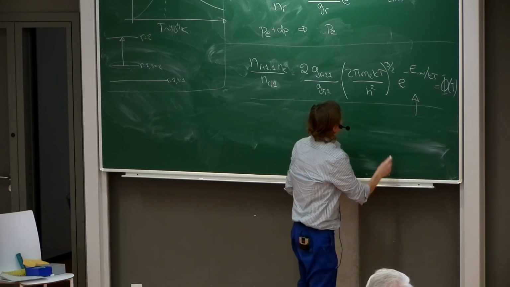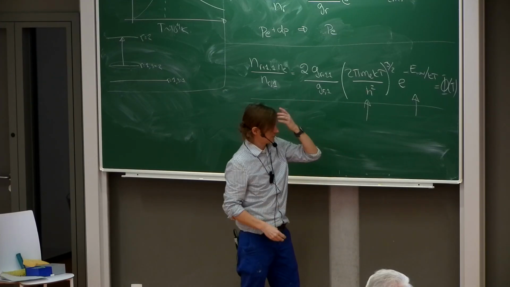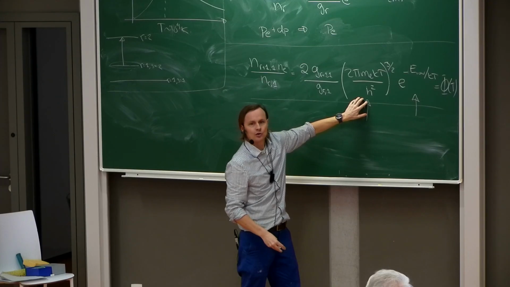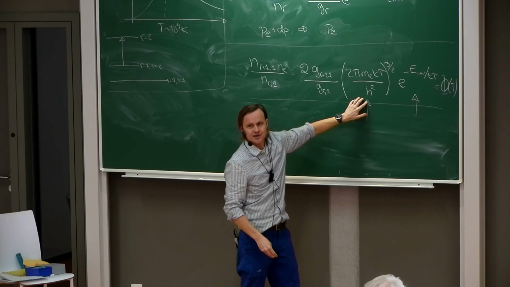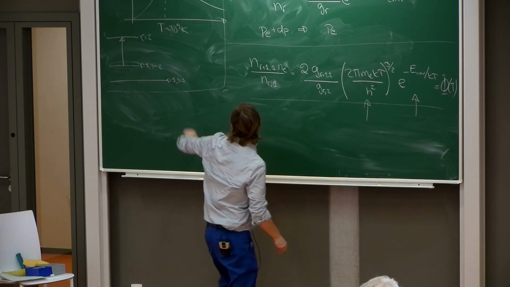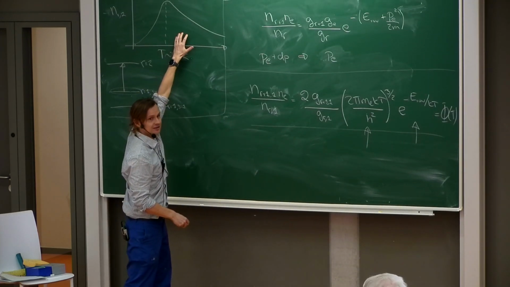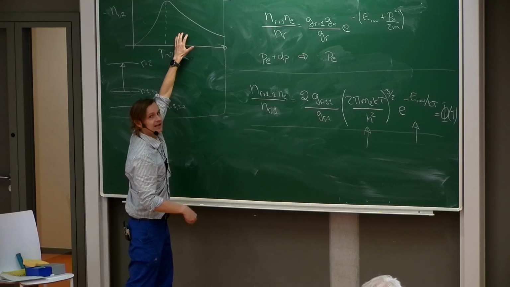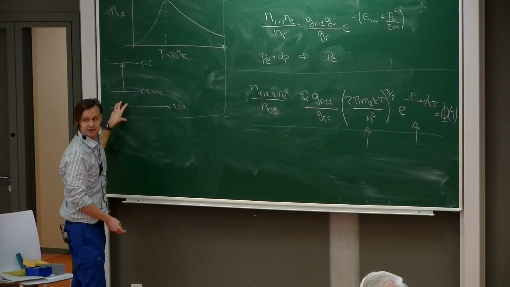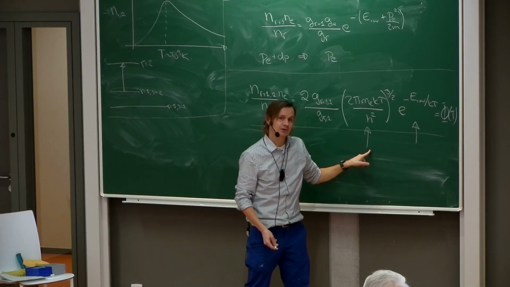But in practice, this factor is the reason why you start to get ionization at way lower temperatures than would be predicted by just applying the Boltzmann distribution, the exponential here. And that is this one.